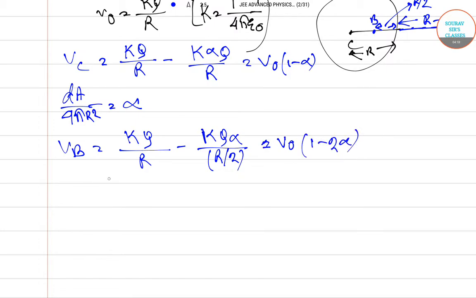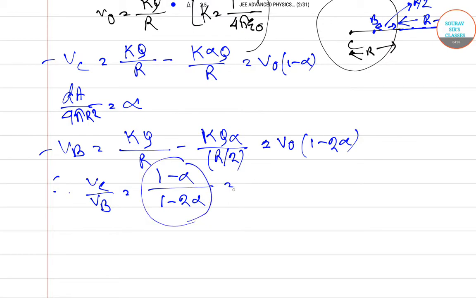If I take the ratio of these two, Vc divided by Vb is equal to 1 minus alpha by 1 minus 2 alpha. This is the correct option.